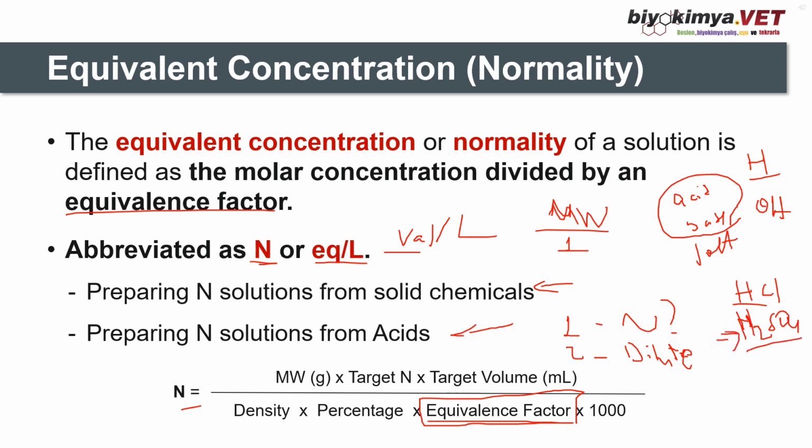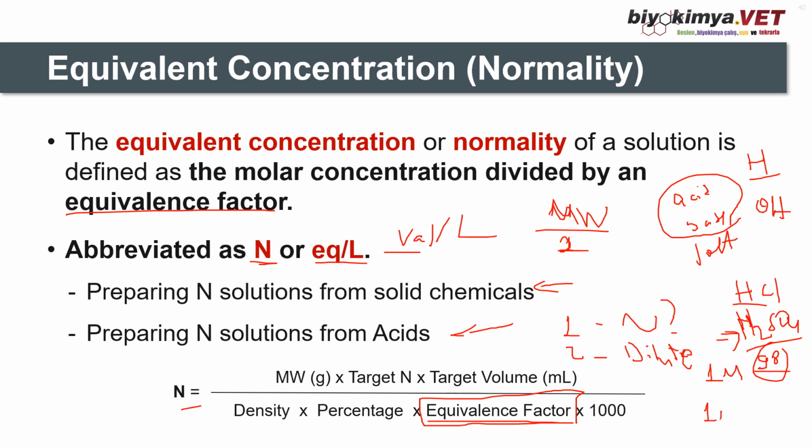Look here, there are 2 hydrogens, which makes the equivalence factor 2. So to prepare a normal concentration, normality or equivalence concentration, using sulfuric acid, we have to weigh the molecular weight divided by 2. The molecular weight of sulfuric acid is 98. To prepare 1 molar concentration, we will weigh 98.